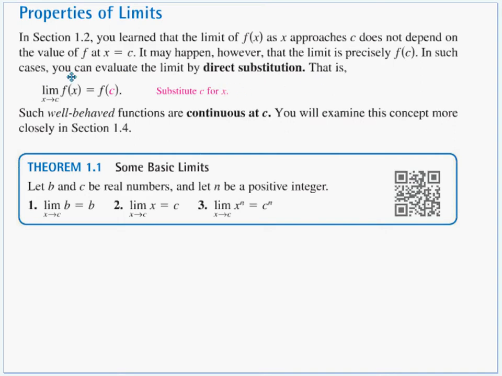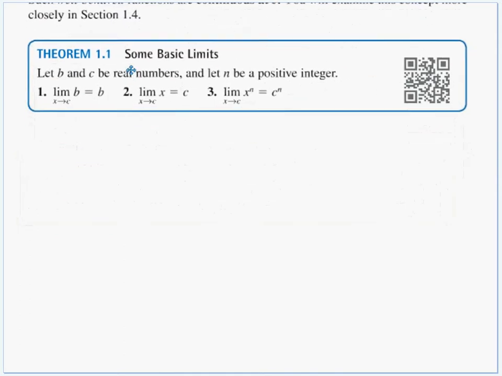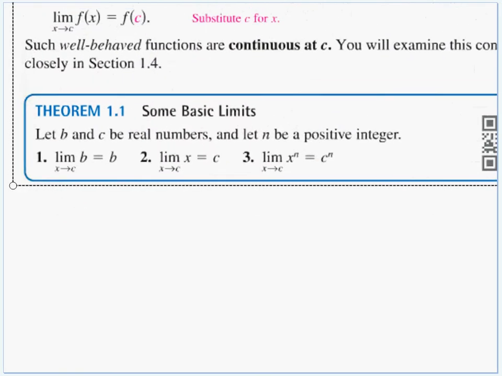That is, the limit as x approaches c of f of x, that little c that comes after the arrow is just going to jump in, and we just get the answer f of c. Such a well-behaved function is called continuous at c. We'll examine this concept more closely in the next section. So again, here are some limits, and these are properties of limits, and these are just saying try direct substitution.